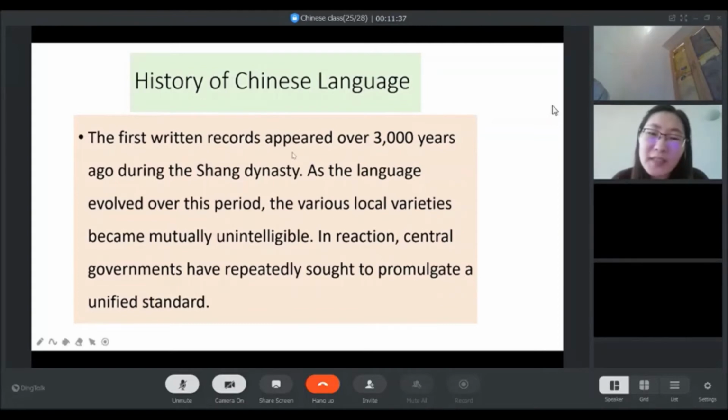Written records of the Chinese language were found over 3,000 years ago, in the Song Dynasty. We use the Chinese characters, until now the same language, same words. But there are some little changes of the words according to the development of history.